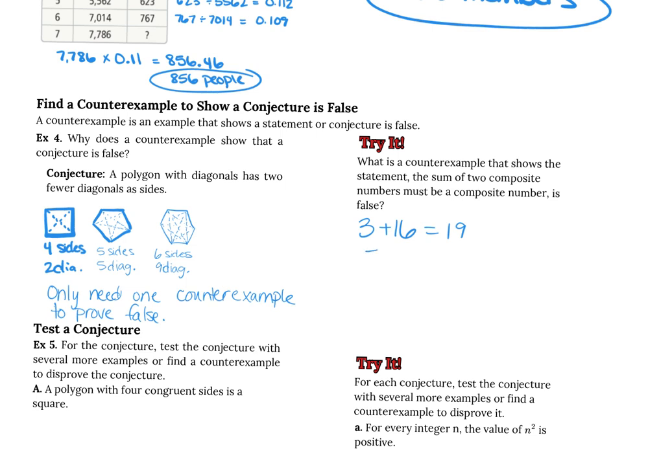Another example, if I added 5 and 8, that'd get me 13. If I added 1 and 2, that'd get me 3. Okay, so if I can add two composite numbers together, that would get me a prime number. My counterexample is proven false.